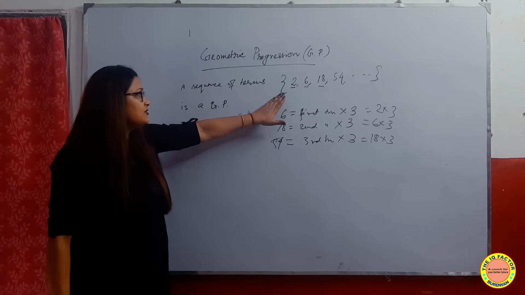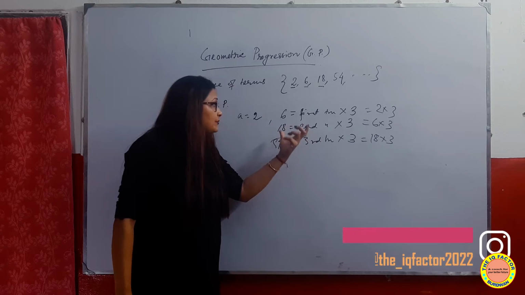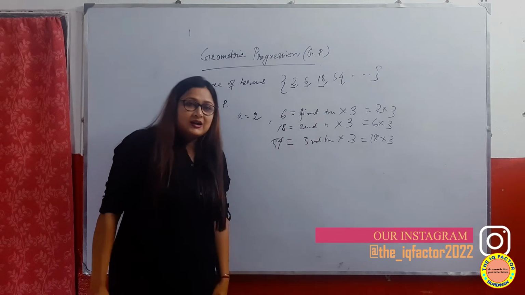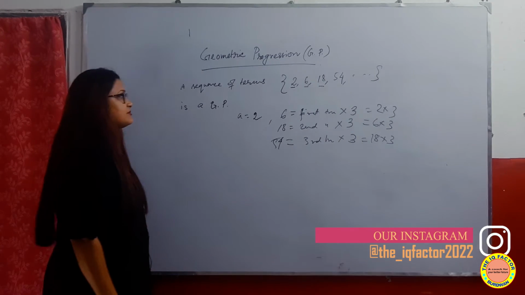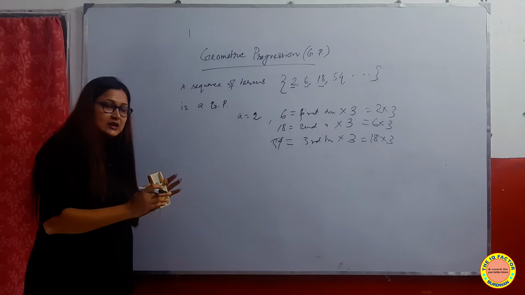The first term into a common term, the constant term with each term, we can get a GP. So each term after the first term is multiplied with a constant term.